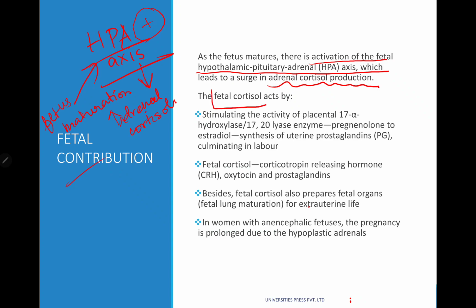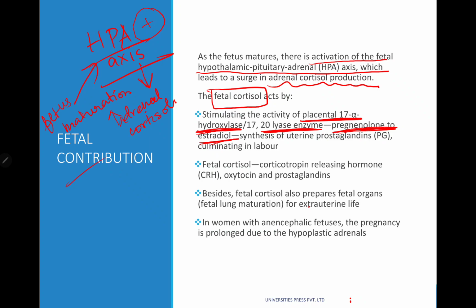Now, this fetal cortisol acts by stimulating the activity of placental 17 alpha hydroxylase, 20 lyase enzyme, and pregnenolone, leading to estradiol synthesis and synthesis of uterine prostaglandins, culminating in labor.